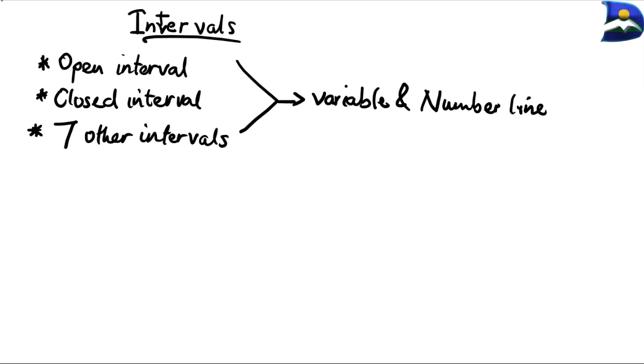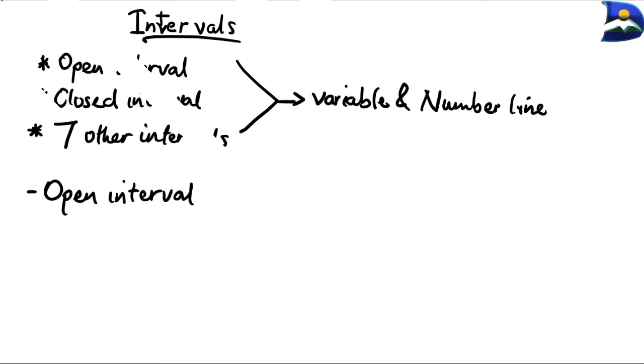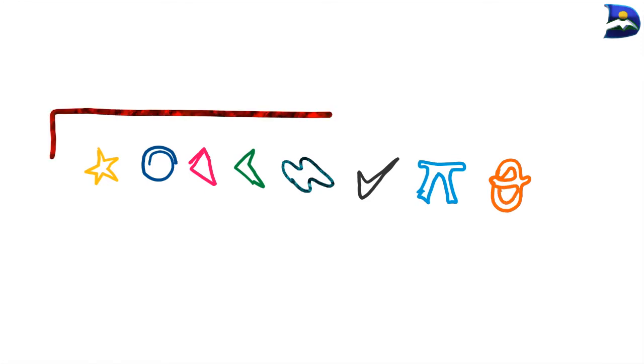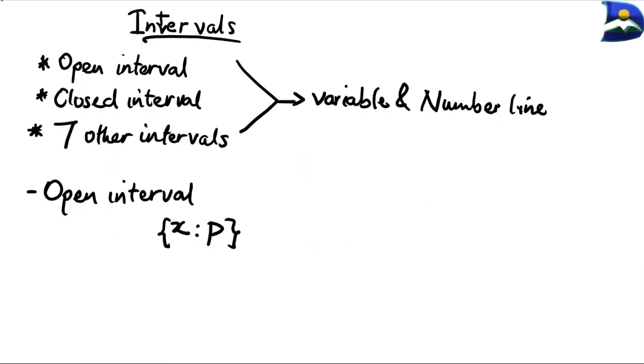And so first, what is an open interval? We need to understand first that sometimes you're given a specific set of all x values for which a particular property holds, where a is less than b.